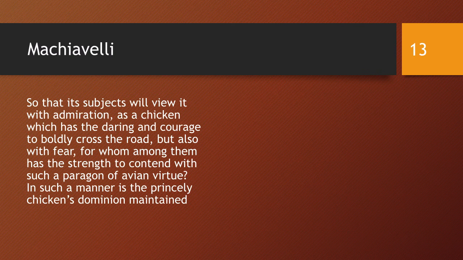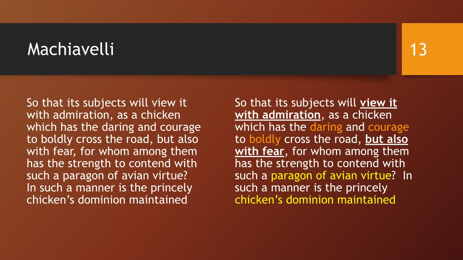I'm now going to show you my annotation after you have paused to annotate for yourself. Pause here. My annotation contains things like sentence structure, word choice, and rhetorical strategies. So let's start with the underlined bolded terms. View it with admiration, but with also fear.